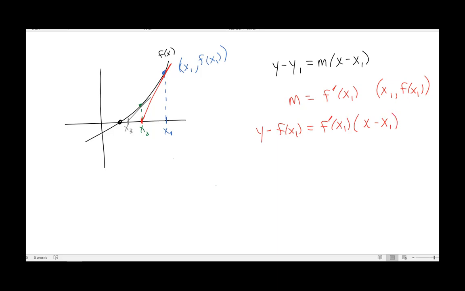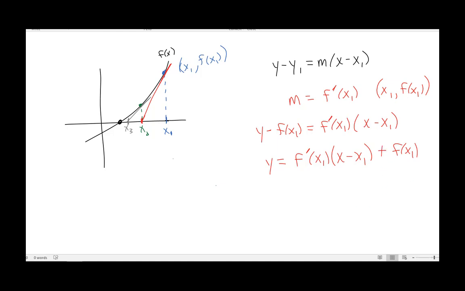Now if I solve for y, here is the equation of my line in mx plus b form, plus f at x1, just adding this y value to the other side. So this is the equation of my first tangent line.